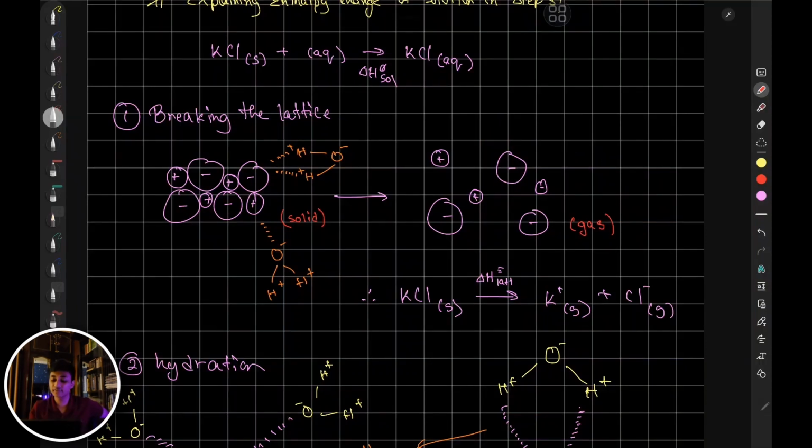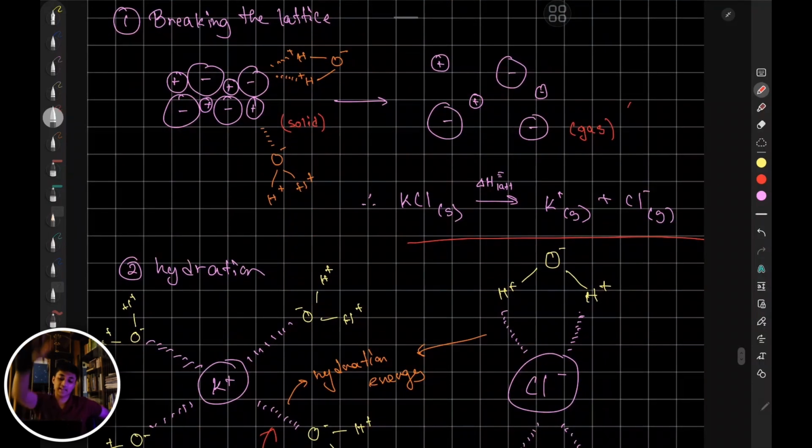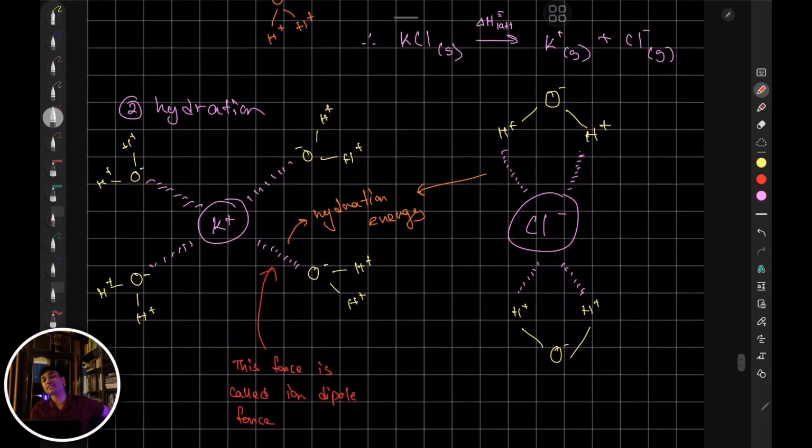Next up, after these form gaseous ions, you can hydrate them. So what happens in the hydration process? The potassium ion is going to get all the oxygen ends of the water molecule and is going to attract those poles of the water molecule and form ion-dipole attraction or ion-dipole forces.